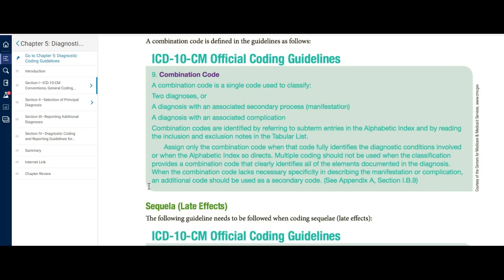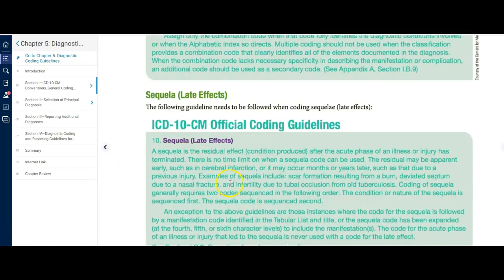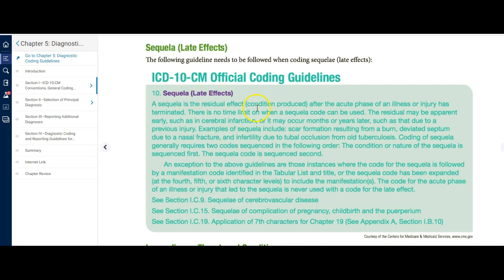You have to use the code that's the combination of the two. Sequela, this is the late effects that I was talking about earlier. If there is any type of residual effect, that has to be coded, and it depends upon what effect that is.